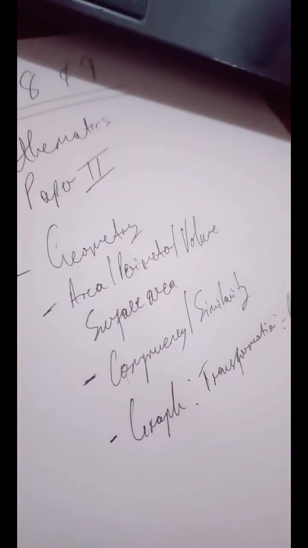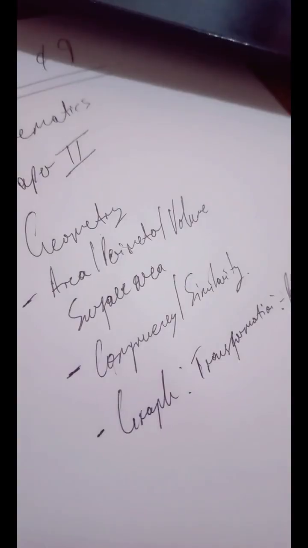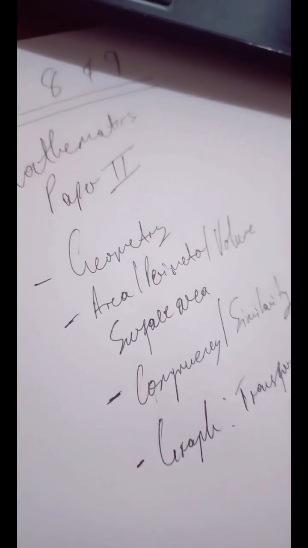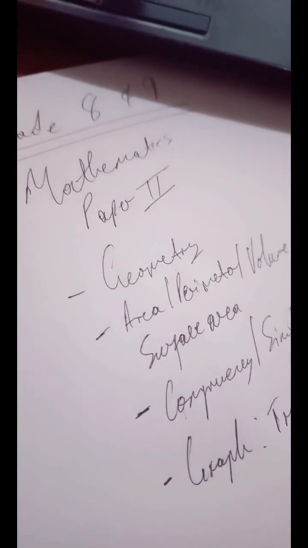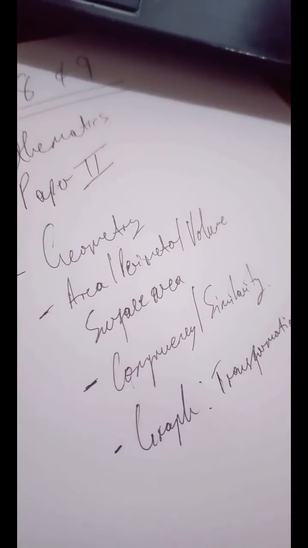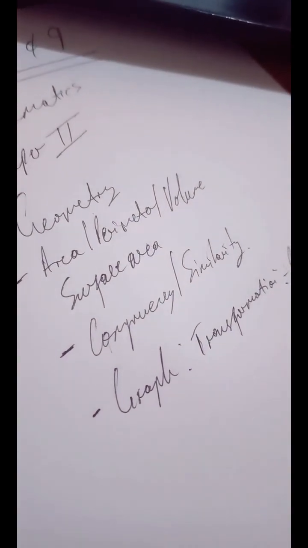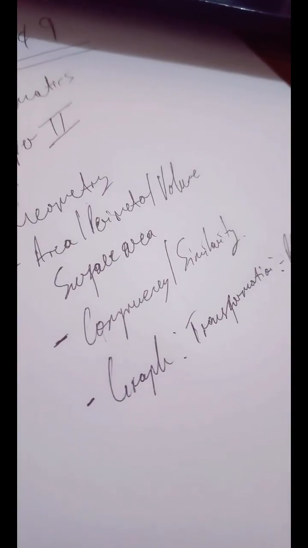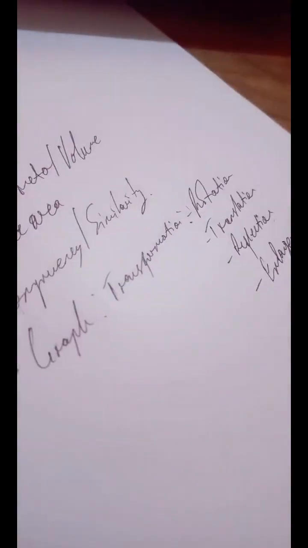This is generally the scope for this paper. From geometry, we go to area, perimeter, volume, surface area. From there, congruency, similarity of shapes, 2D shapes. From there, we are running down to transformation.